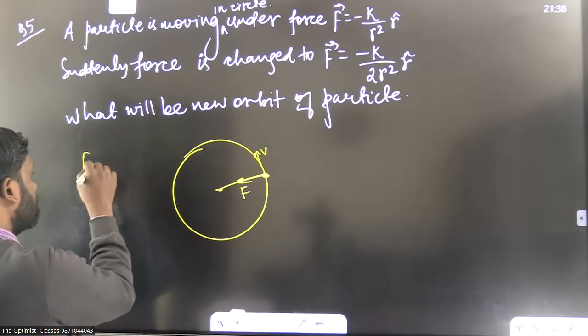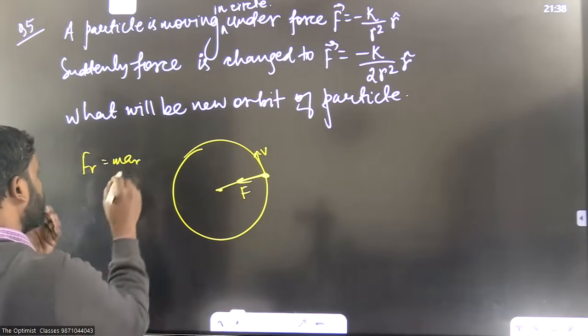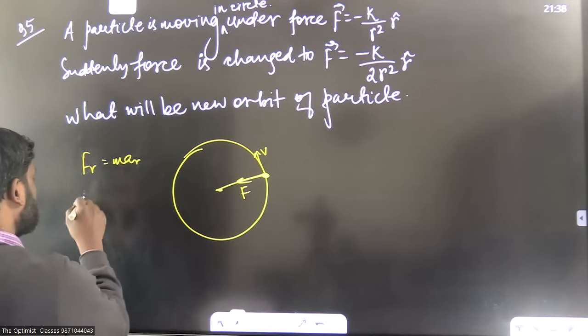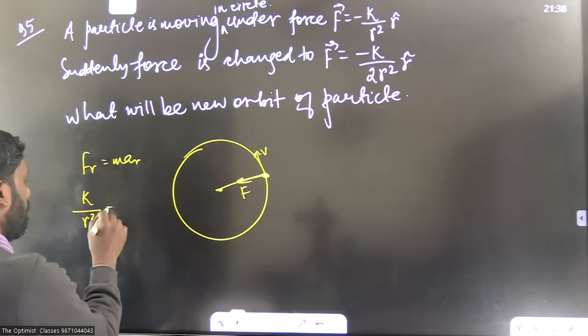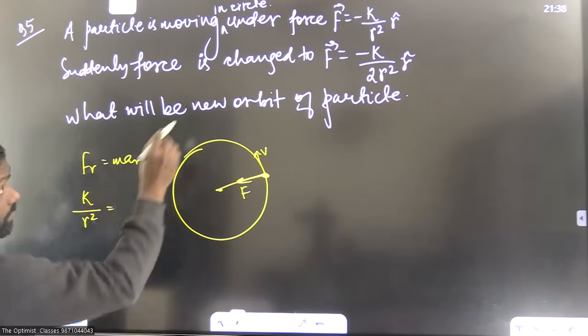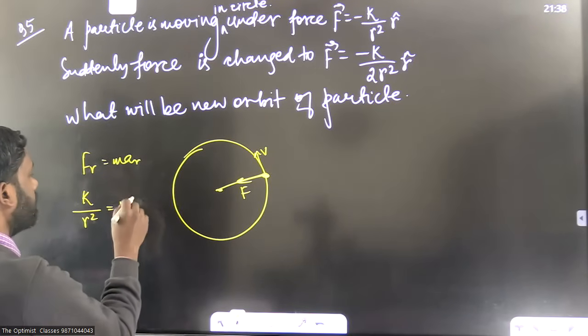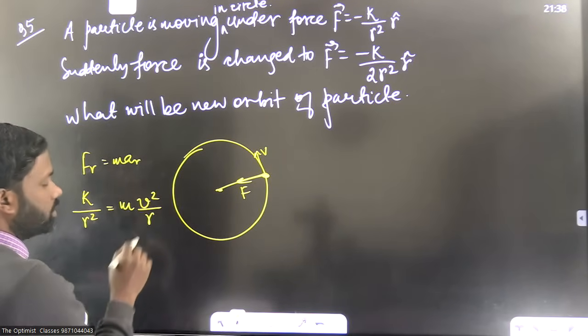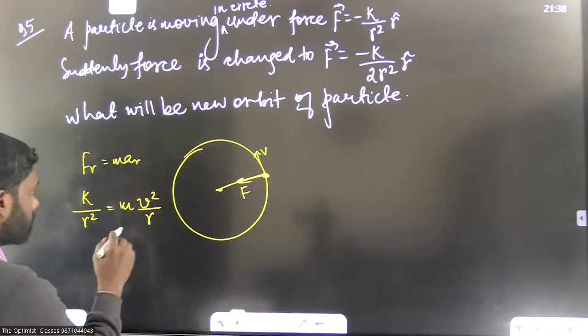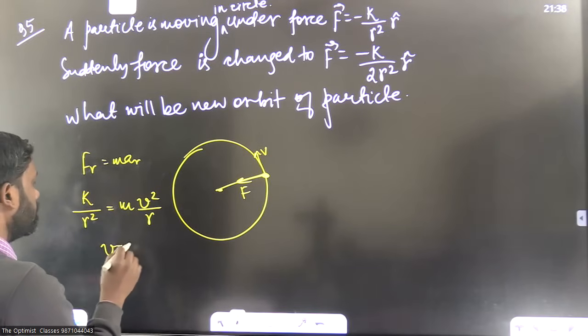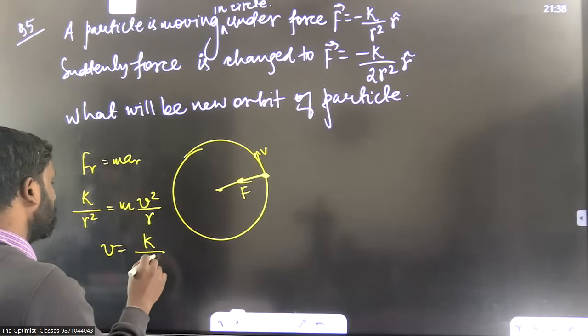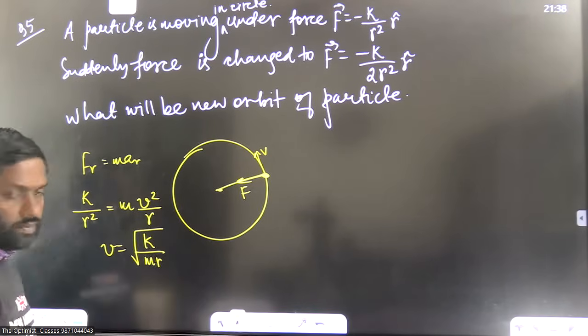F radial is equal to mass into a radial. So let's put magnitude of radial force here, that is k by r square. And here mass is M and radial acceleration magnitude is v square by r. So one r will cancel out. You will get v is equal to root under k upon M into r. So that is the speed.